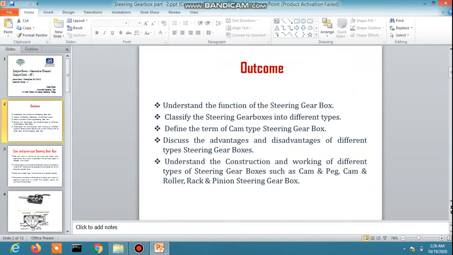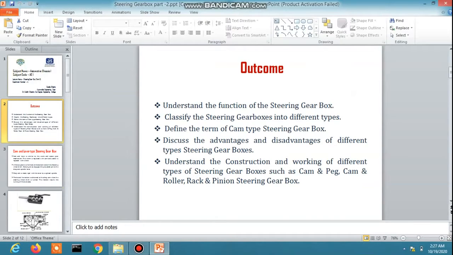So that's to understand the function of the steering gearbox, classify the steering gearbox into different types, define the term cam type steering gearbox, discuss the advantages and disadvantages of different types of steering gearbox, and understand the construction and working of different types of steering gearbox such as cam and peg, cam and roller, and rack and pinion steering gearbox also.